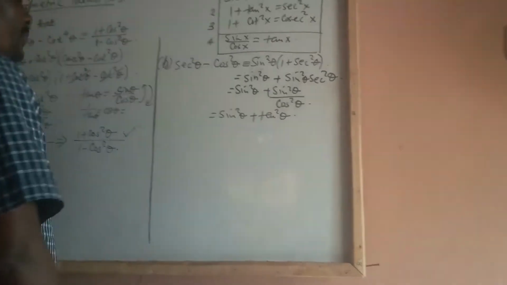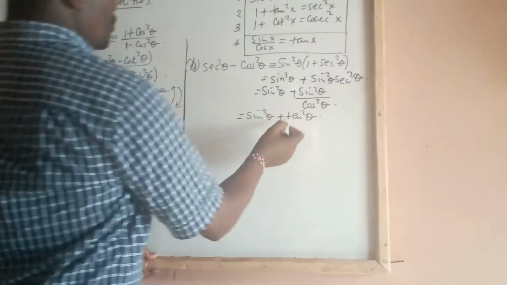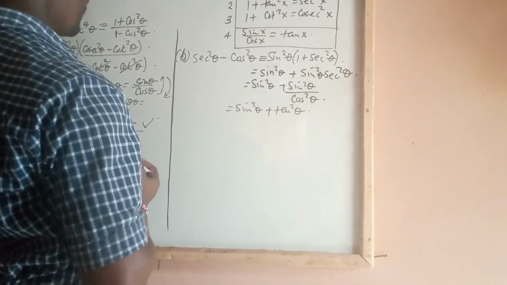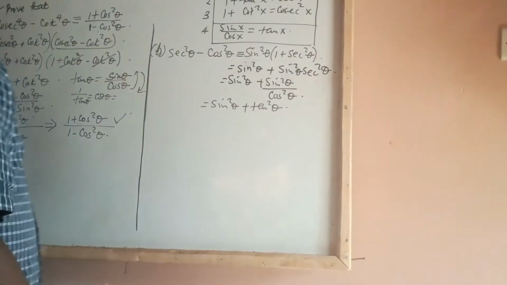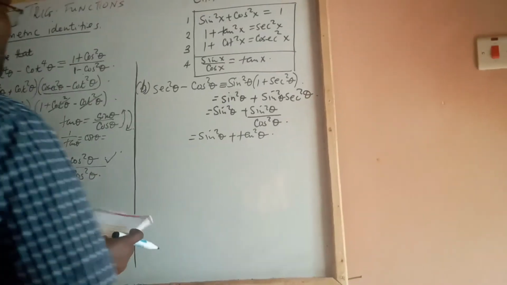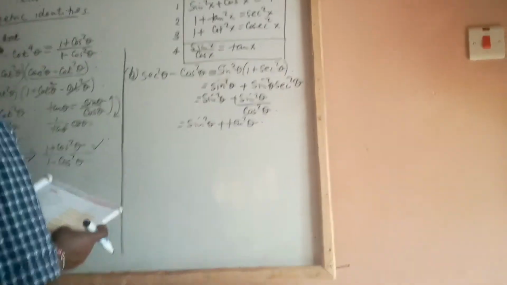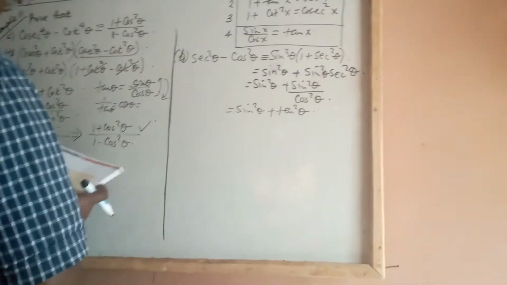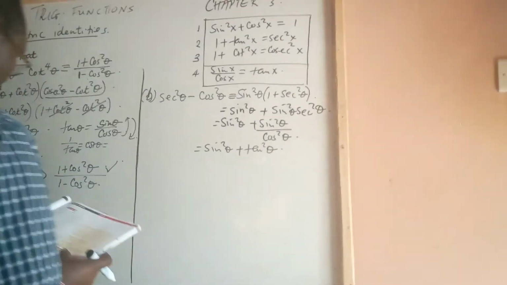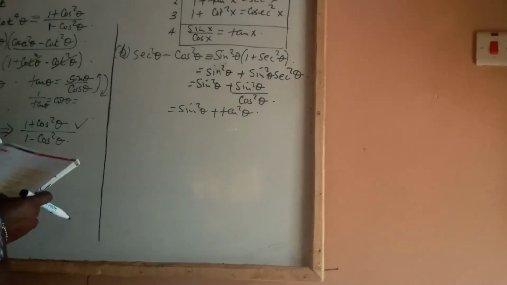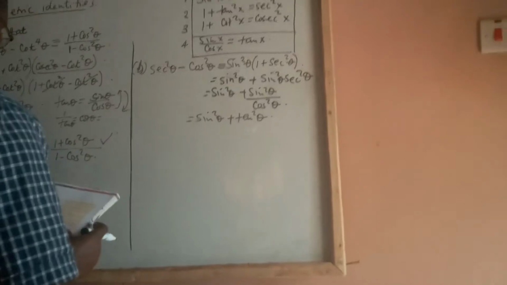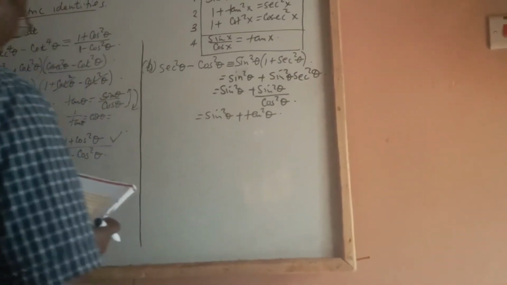We are supposed to show that sec squared theta minus cosine squared theta is equal to this. What we have so far is sine squared theta plus tan squared theta.